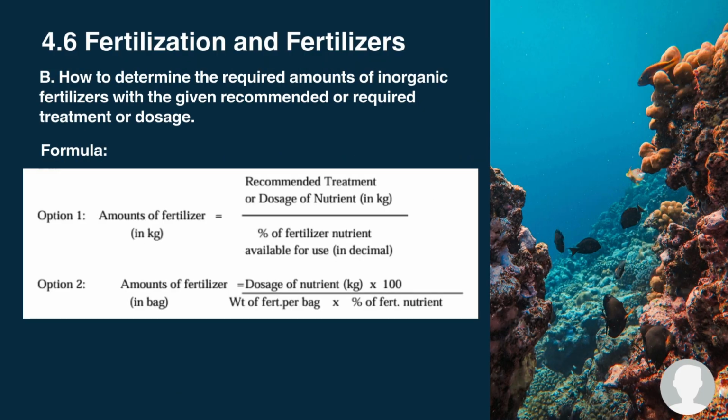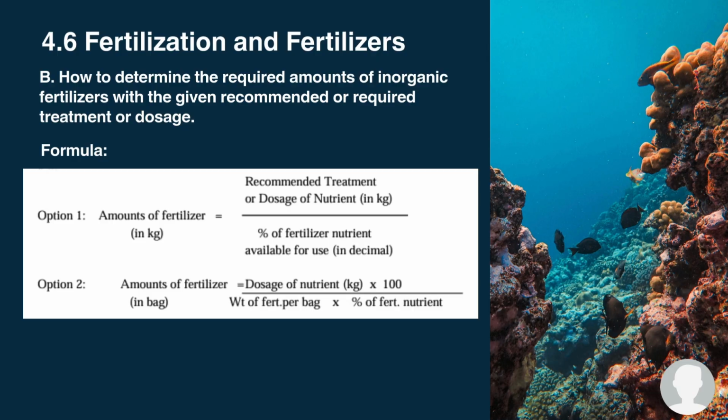How to determine the required amounts of inorganic fertilizers with the given recommended or required treatment or dosage. There are two options as a formula. Option 1: the amount of fertilizer in kilogram is equal to the recommended treatment or dosage of nutrients in kilogram divided by the percentage of fertilizer nutrients available for use in decimal.